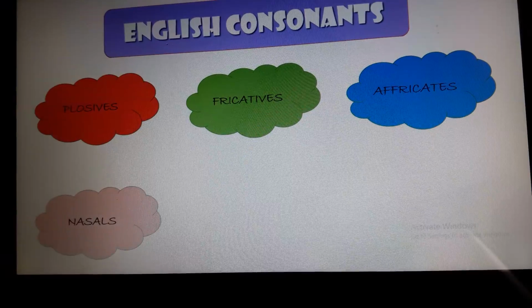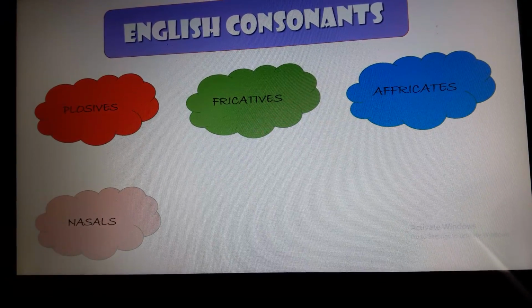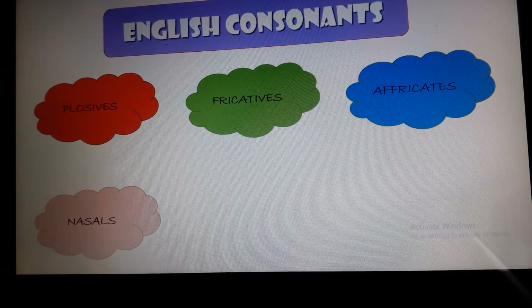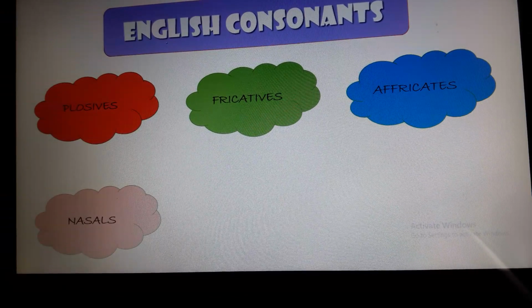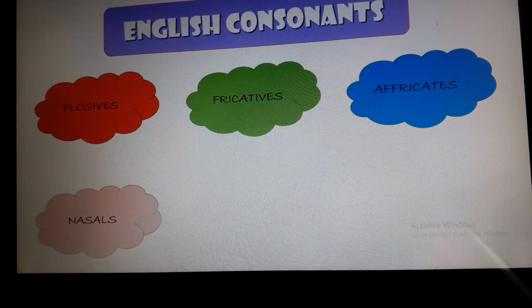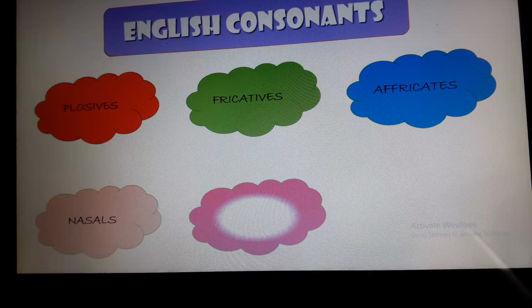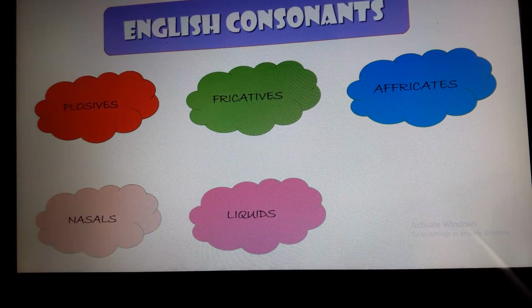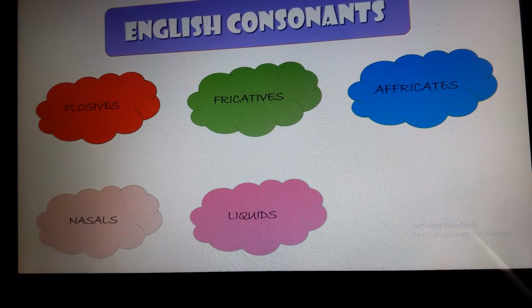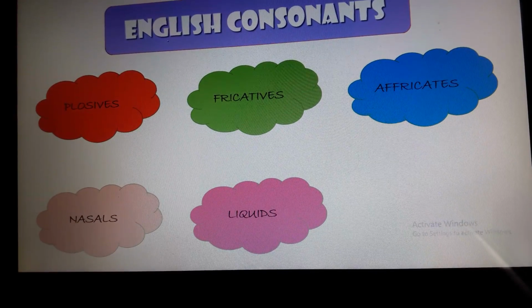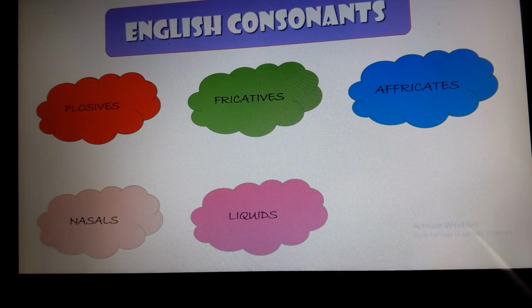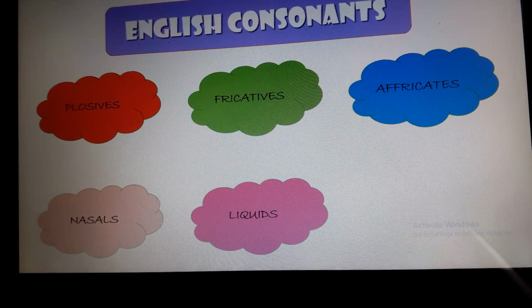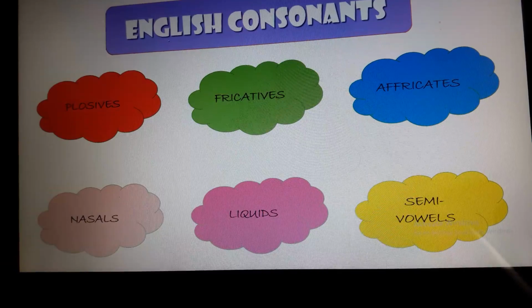And the next one is nasals, speech sounds in which the airstream passes through the nose as a result of the lowering of the soft palate or velum at the back of the mouth. And the next one is liquid, a consonant sound in which the tongue produces a partial closure in the mouth, resulting in a resonant, vowel-like consonant, such as English L and R. And the last one is semivowels.